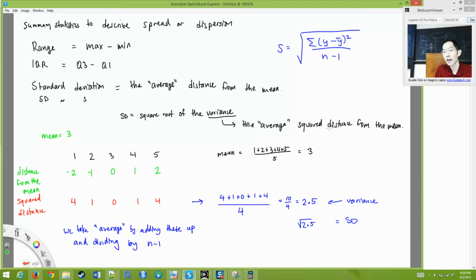If you think of it as the average squared distance from the mean, and again, please watch the video I have recorded and posted as part of your homework, you can see that y minus y bar would be the distance from the mean for each data point that we have, right? Y bar is the mean, y minus y bar is how far that data point is from the mean. And if you square that, you would get the squared distance from the mean, and then you add them up and divide by n minus 1 to get the variance, and you take the square root of that. Okay, so it's all summed up in this formula here.